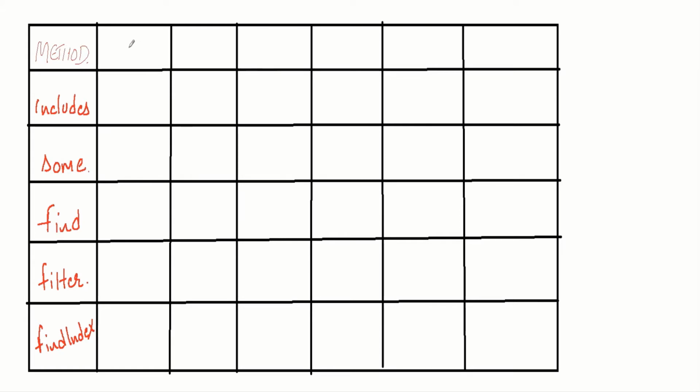Now let's see in which ECMAScript version it was introduced. So here I will write it down, ECMAScript version, and I will choose a different pen here. If you don't know about ECMAScript, you can watch my video on it, but just to give you some context, here is a quick explanation.